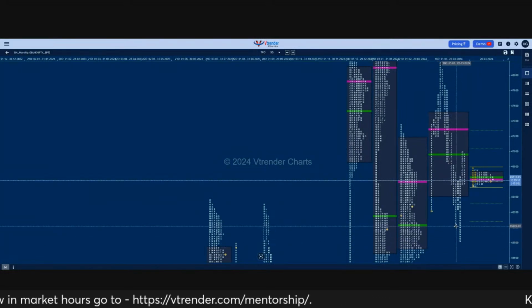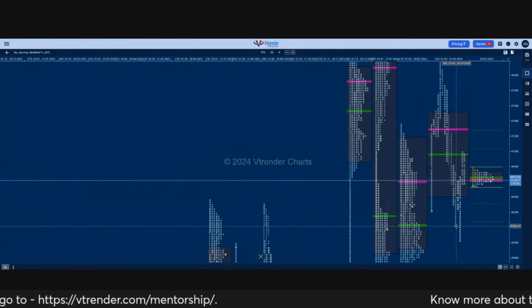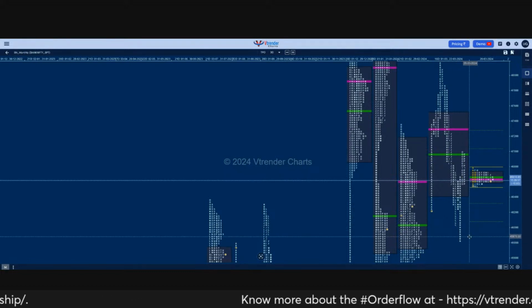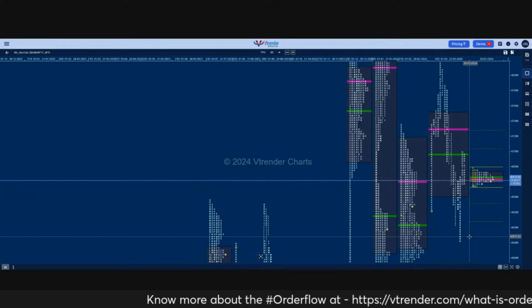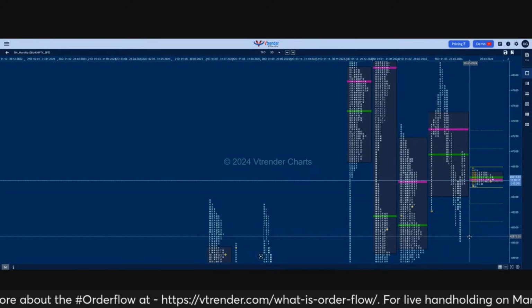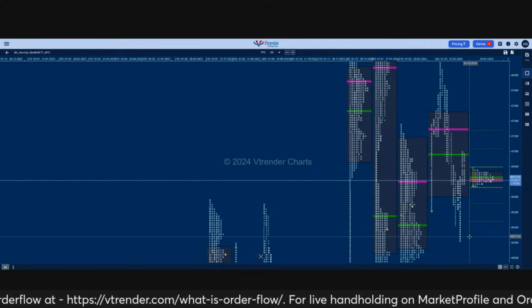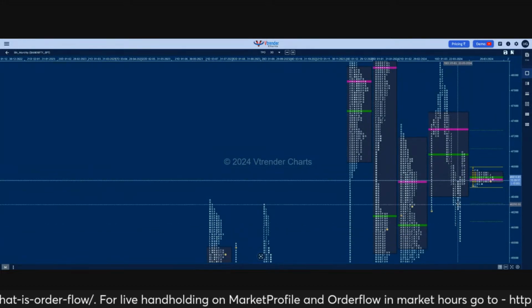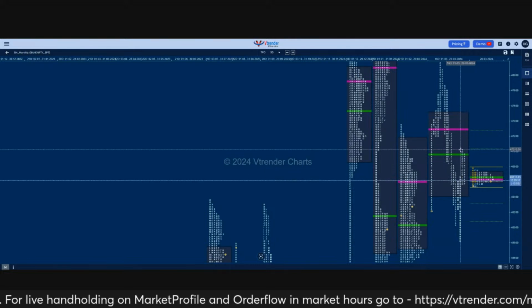This responsive buying tail is from 46,022 to 45,828. So when you are looking at the extremes being rejected, you play for a mean revert. It can be on all time frames, whether it's a daily, weekly, or a monthly time frame. So when this happened on a monthly time frame, it was obvious that Bank Nifty wants to move towards the middle of the profile.